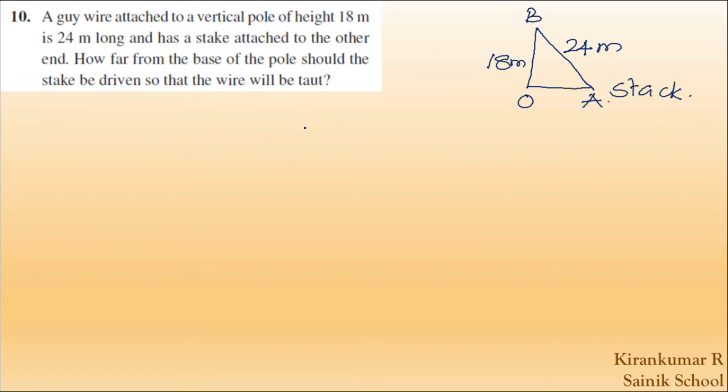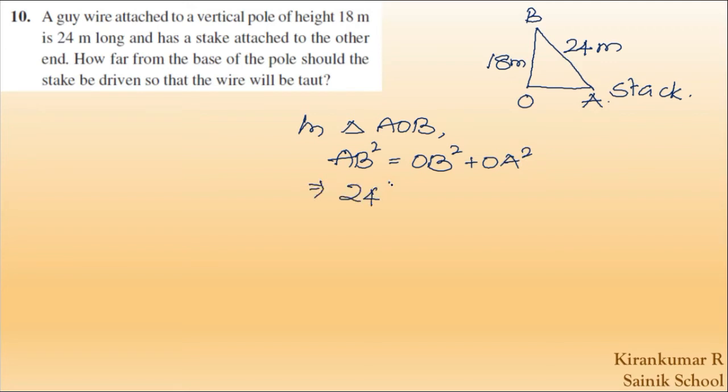If you observe in triangle AOB, we have AB square equal to OB square plus OA square. So 24 whole square equal to 18 square plus OA square.